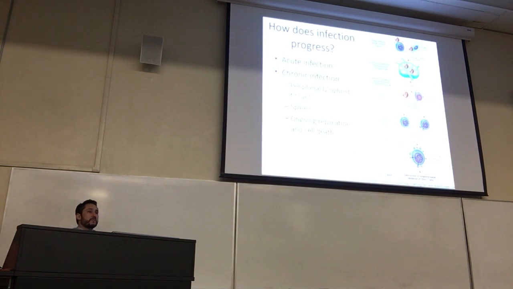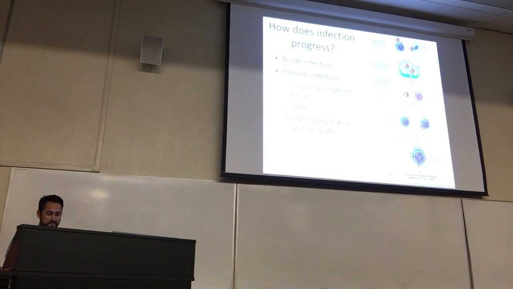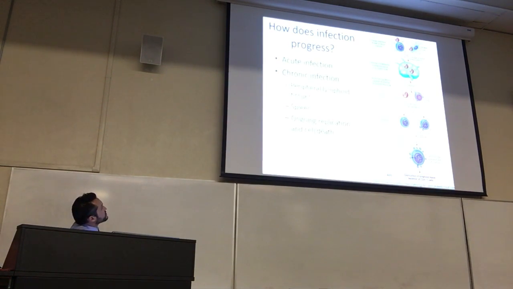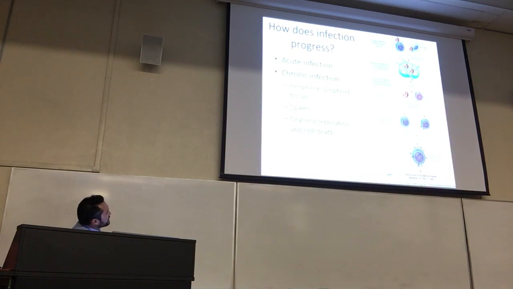Now, the progression of the infection goes through a number of different phases. Most oftentimes, the clinical latency phase is where you've got infection. Viremia is when you have the virus circulating in the bloodstream.